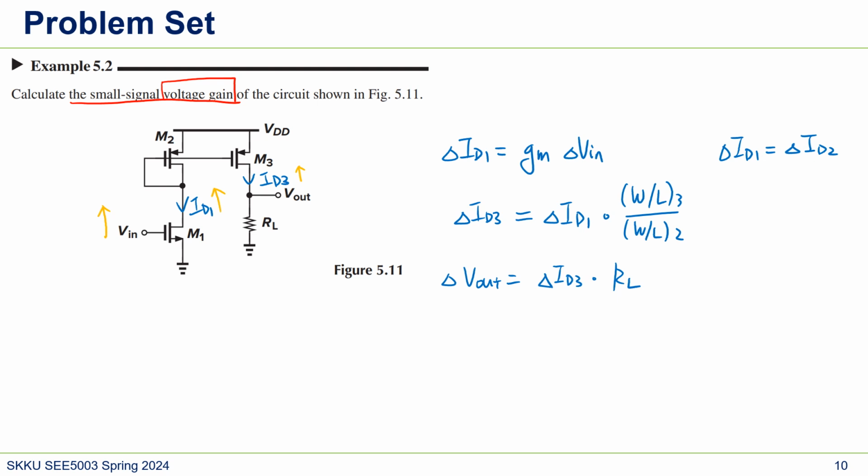So it turns out Vout is delta ID3, which is ID1 times the ratio between resistor and transistor, and then ID1 is gm times delta Vin times this ratio.